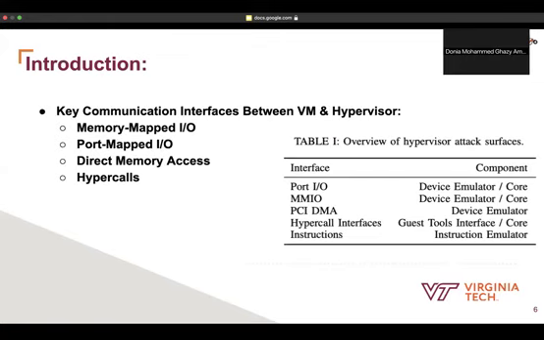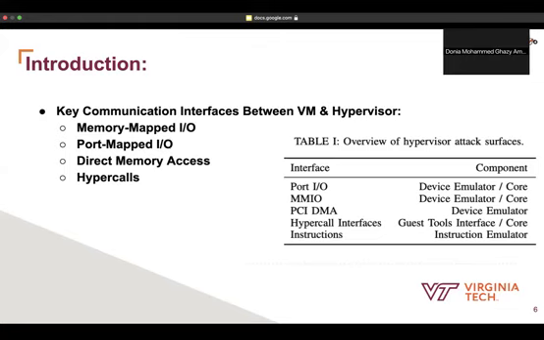So basically, the hypervisor is an important topic in this presentation, and I'd like to explain to you the key communication interfaces between the VM and the hypervisor. The first one, explained in this table, is memory mapped I/O, input output, which allows the VM to read or write memory regions mapped to virtual hardware devices. Port mapped I/O uses special CPU instructions such as in or out to send data to I/O ports.